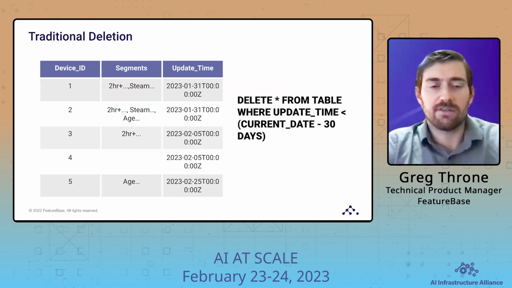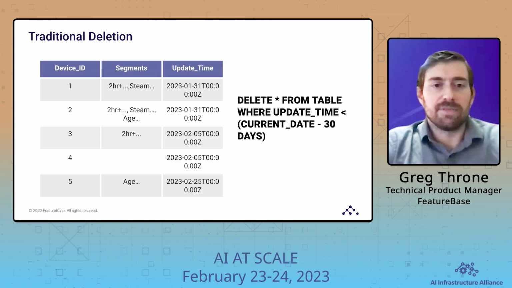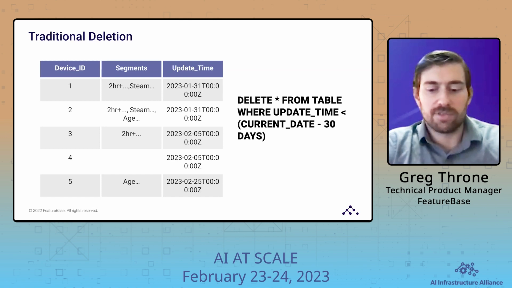You've probably seen this. So we're going to add an update time, right? And every time your device gets updated, we're going to update that time to whatever the current time is. And then we're going to pick some period of time where essentially we say, all right, this device is probably no longer working or being used, so we want to remove it. The example I'm showing here is 30 days.